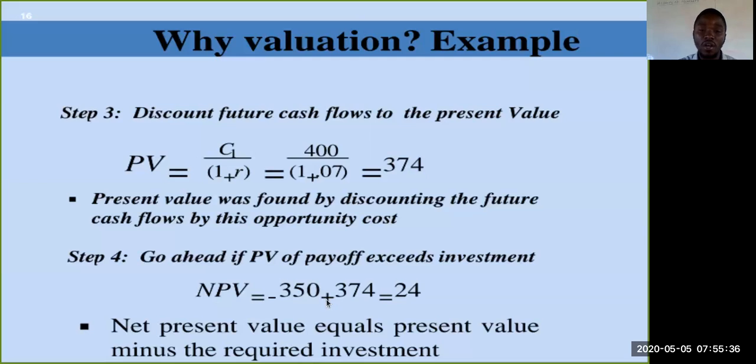If the value that we are going to get is negative, then we shouldn't go ahead with the investment. That simply means that that investment at the end of the day is going to give us losses. So in as much as you are investing in something, you have to make sure that you invest into an asset that is going to generate more than the cost that you've incurred when investing into that asset.